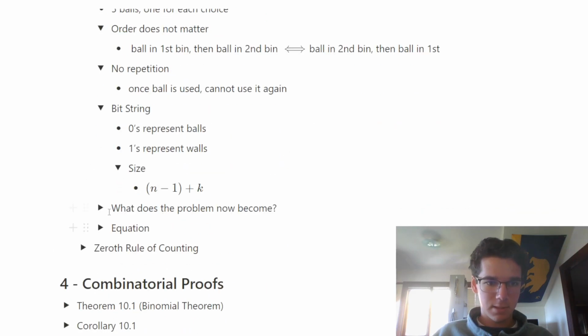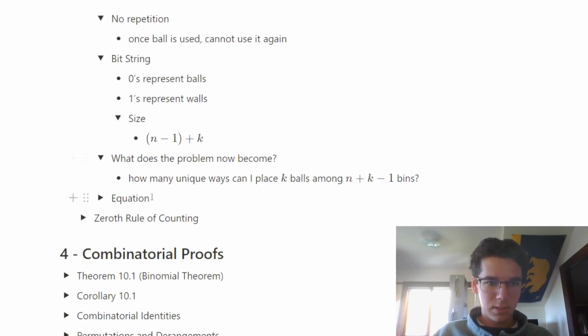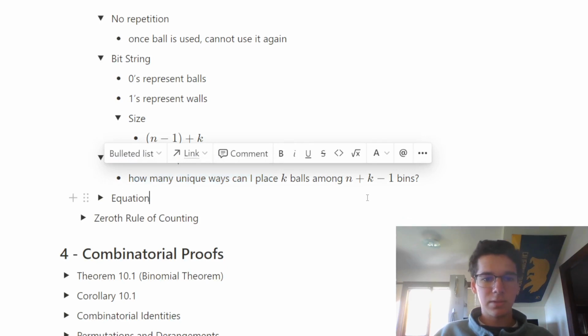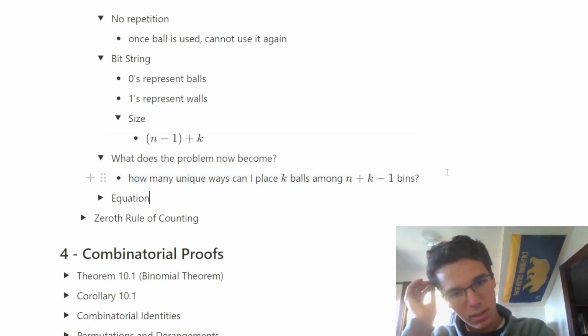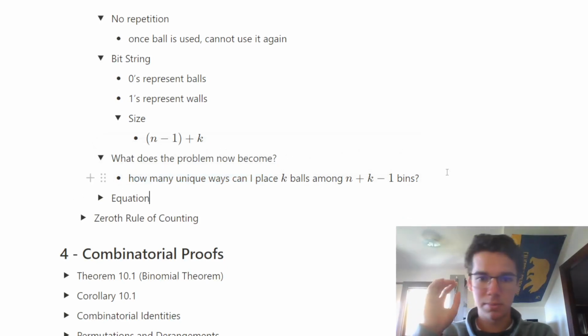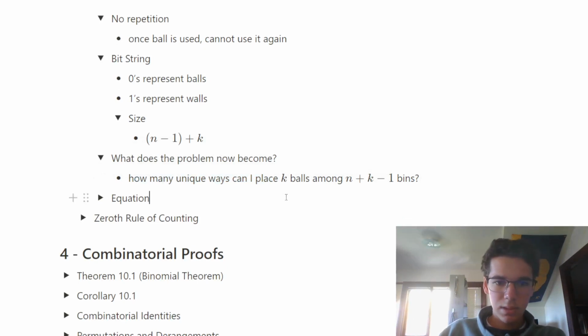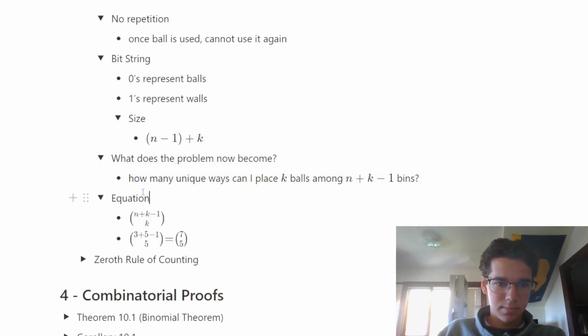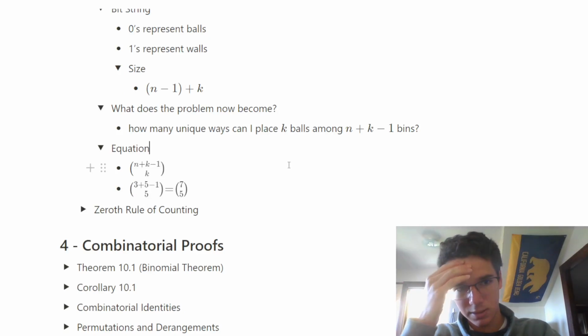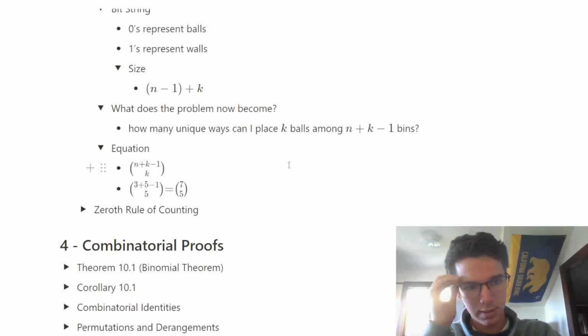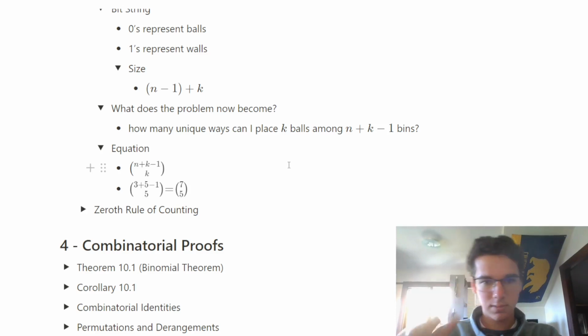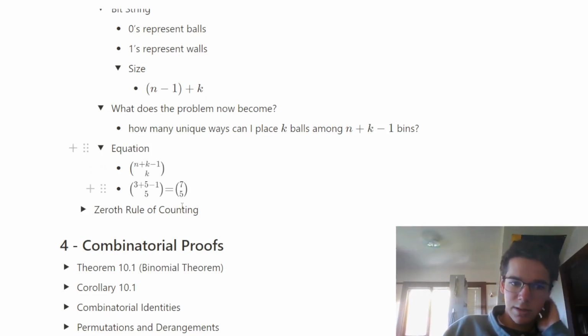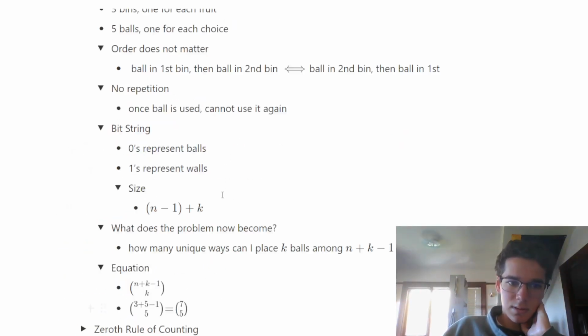So the problem now becomes, how many unique ways can I place k balls among n plus k minus 1 bins? And from there we can generate an equation, which is n plus k minus 1 choose k, and we can just sub in our values for n and k to yield the result.